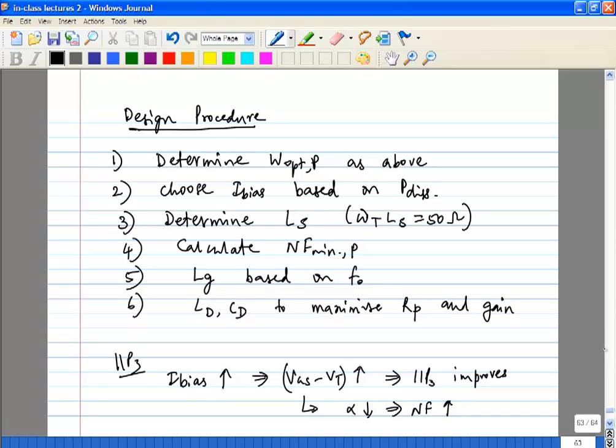Remember, we looked at a 2-port and found the noise match condition and the minimum noise figure, NFmin, of the 2-port itself. Now we have chosen, let's say, W of P based on NFmin, which will lead us to a noise figure close to NFmin. If you take any random common source amplifier, it will not be anywhere close to NFmin.